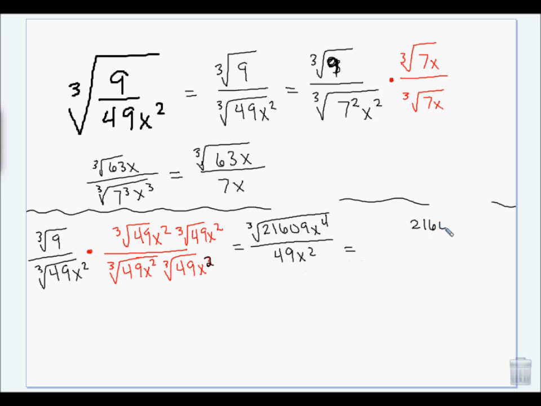So 21609, that will divide by 3. Or I know it'll divide by 49 because I multiplied the 49 into it, right? It's actually 49 times 49 times 9, because that's what I multiplied together, 49, 49, and 9.